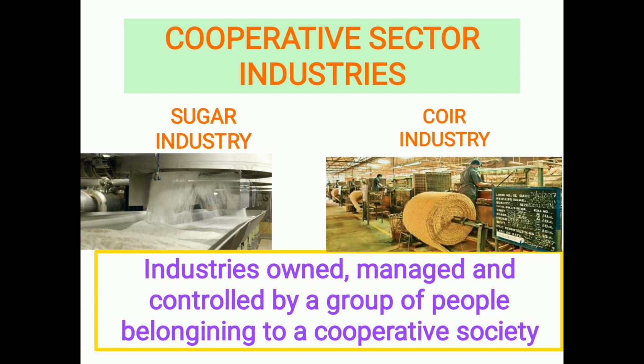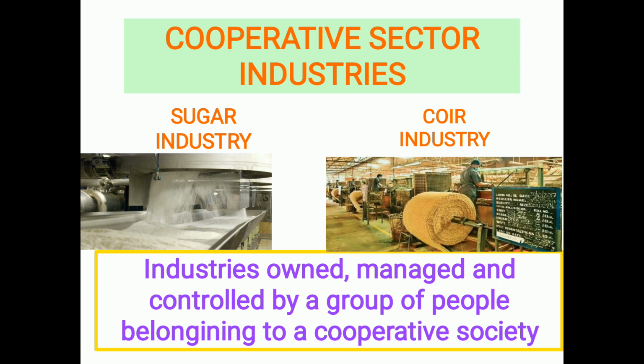Here, the members of the cooperative society usually produce the raw material. They even process the raw material to add value, and thereby they earn the profit. Whatever profit is earned by the group of people in a cooperative society will be shared among the members of that society.